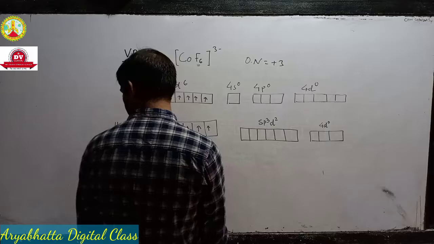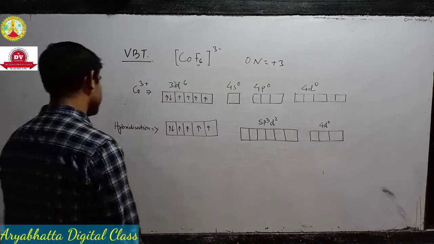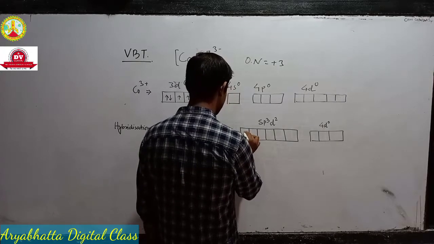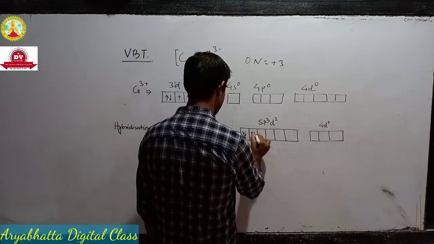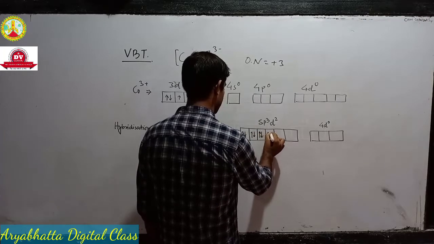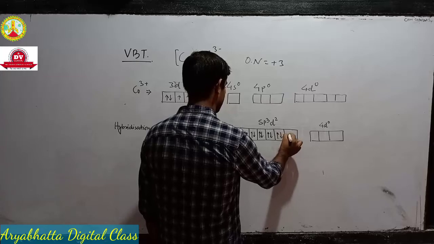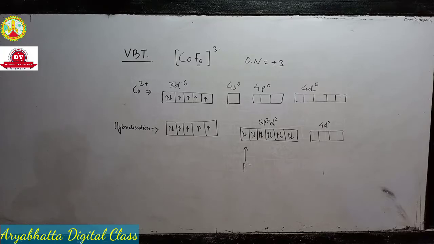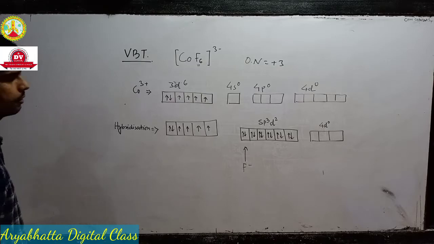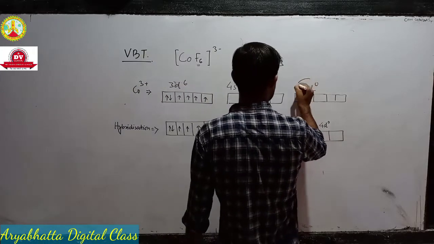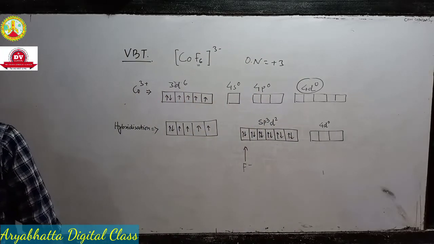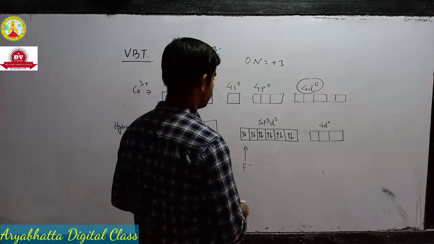Now you see, 6 pairs of electrons will come from the fluoride ion. So that's why we have written it as sp3d2, and last time we got d2sp3, because this time we are using the outer d orbital for the purpose of hybridization.